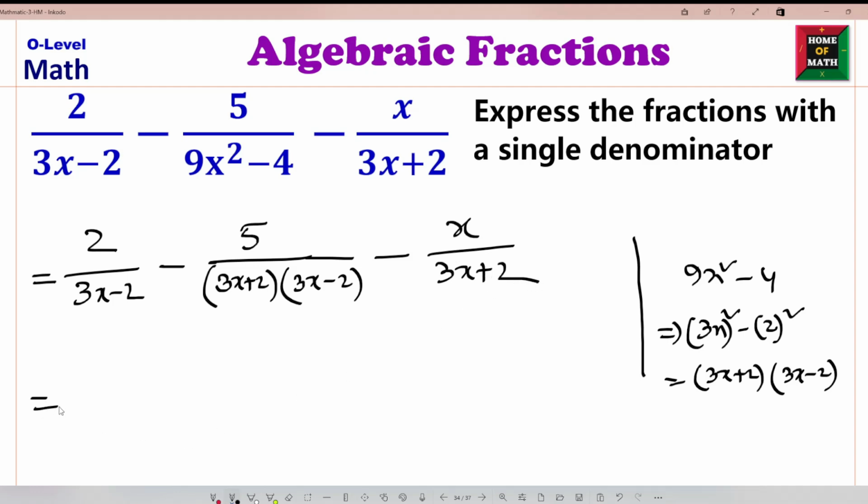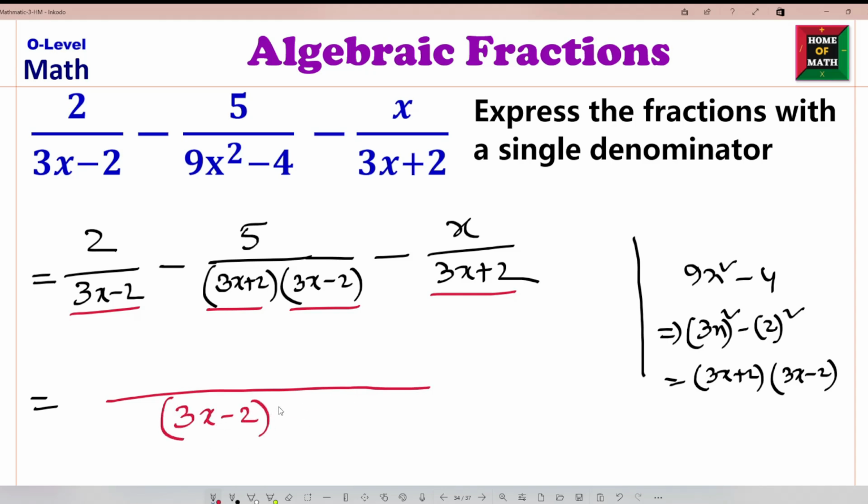Now look, our target is to make these fractions a single denominator. So here is 3x minus 2, 3x plus 2, again 3x minus 2 and 3x plus 2. So we make it as the LCM. The LCM is (3x minus 2) and (3x plus 2).